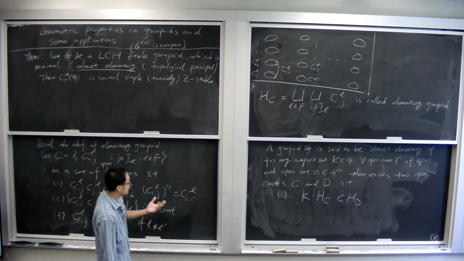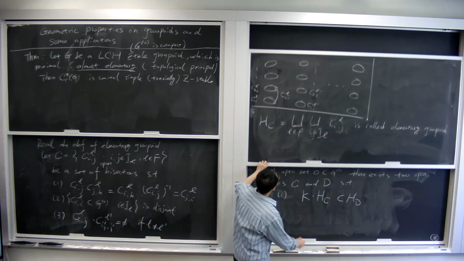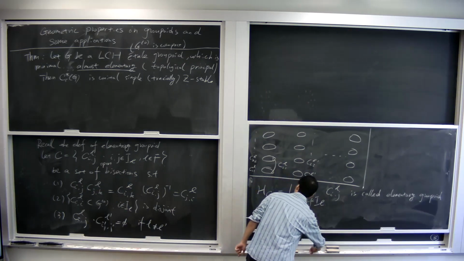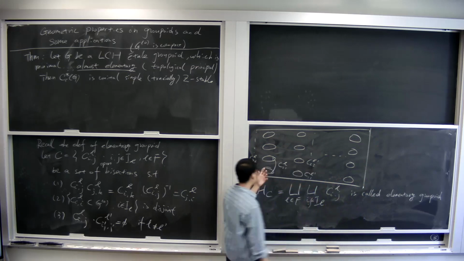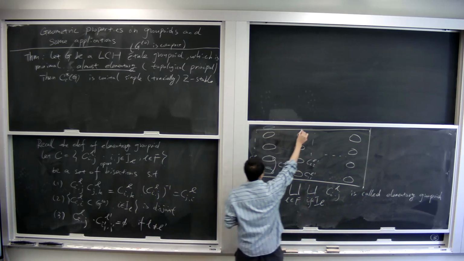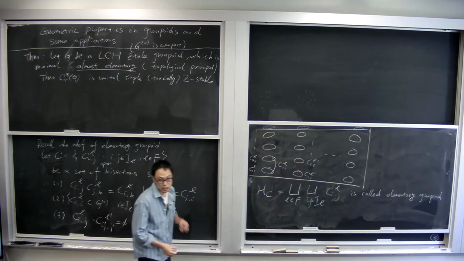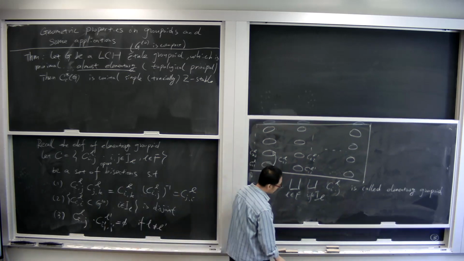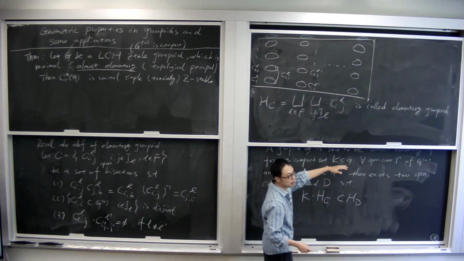So what does this mean? You can look at this picture, we go back to this. Beyond C, you can just take C to be a part of D, it doesn't matter, so you have some extra open set in G^0. And you want your K, which is given at the very beginning, right?